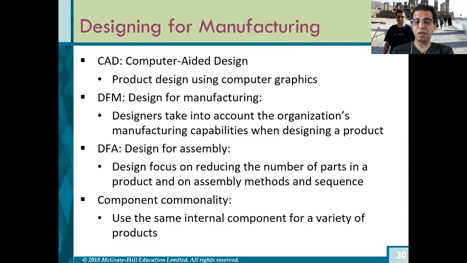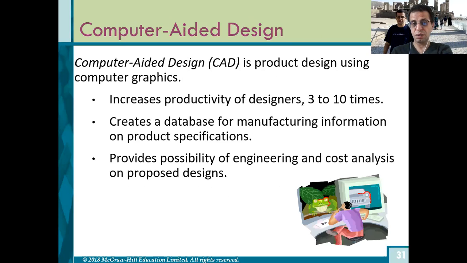Then you have DFA, design for assembly, which focuses on reducing the number of parts in a product and on assembly method and sequence. And then you have component commonality, which is using the same internal components for a variety of products, like we do with chassis in cars.